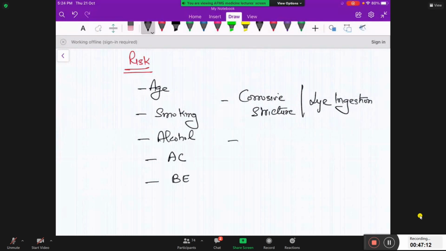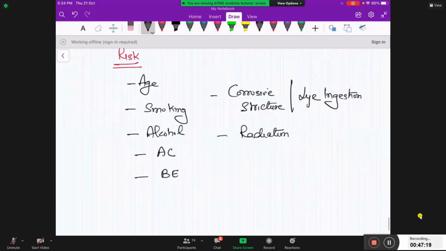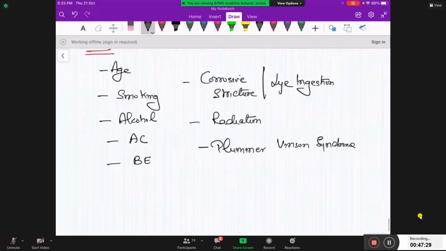Then radiation, important point, is a risk factor. Plummer-Vinson syndrome is a risk factor. An important point, this is important. In Plummer-Vinson syndrome, the most common site of carcinoma esophagus is upper esophagus.